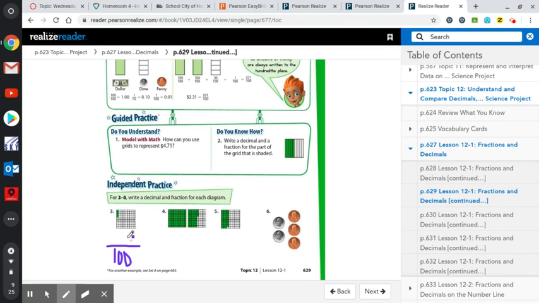Count them up, right? You have 4 little green squares. So it wants the decimal also. So 4 100ths, you have your decimal point, and you have 0, and you have 4. That's what it wants you to do for these, okay? The decimal and the fraction.